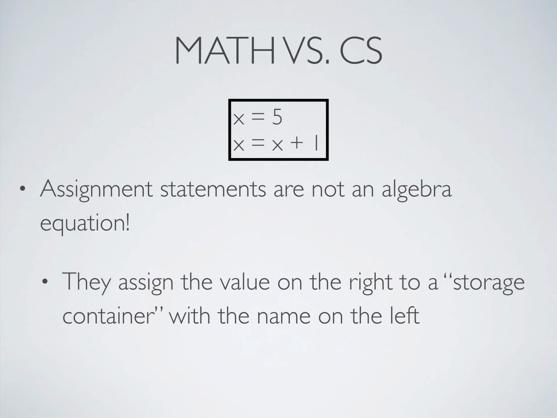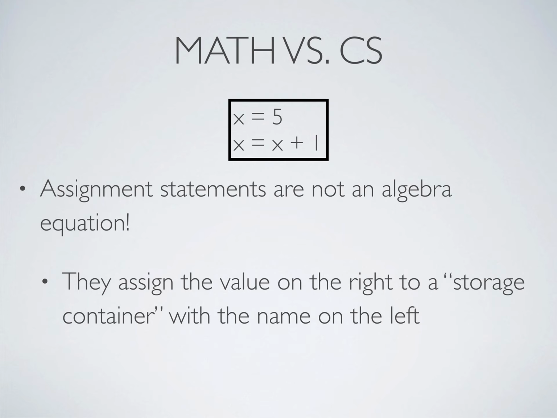So if we were in a math class, these two lines, these two equalities, wouldn't make any sense, right? Because it doesn't make sense to say, hey, x is equal to x plus 1. That doesn't make sense in a math class. There's no solution to that algebraic equation, right? Now, in computer science, if these are two lines of code, this is totally valid to do.